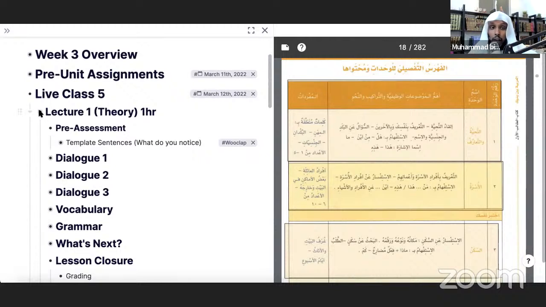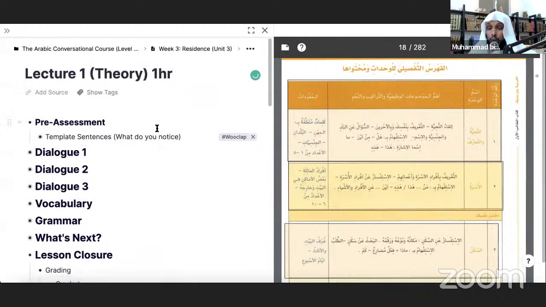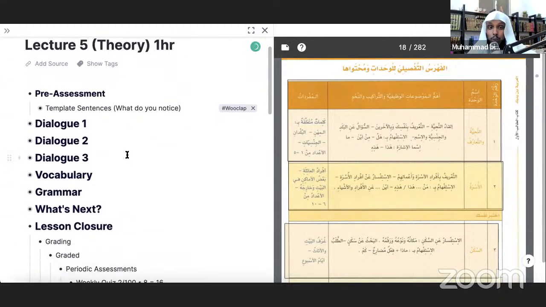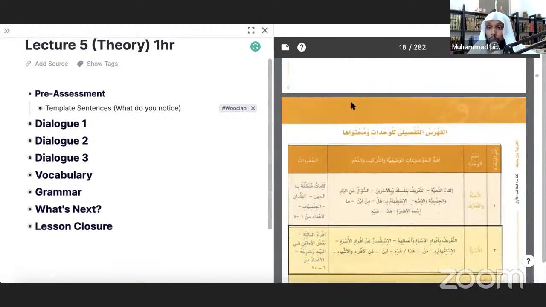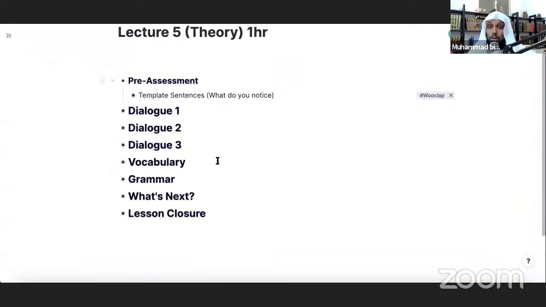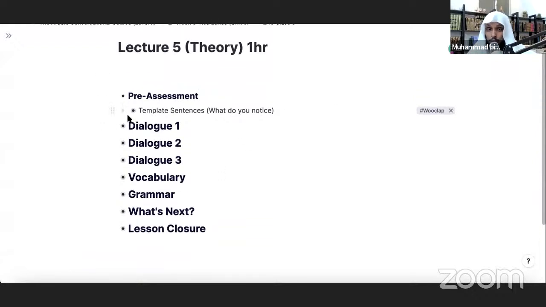It's a form of pre-assessment to get the brain juices flowing before we explain things. I'd rather you figure it out for yourself. Okay, طيب.